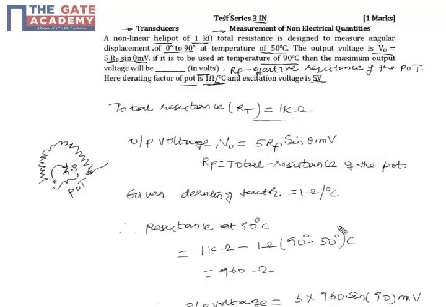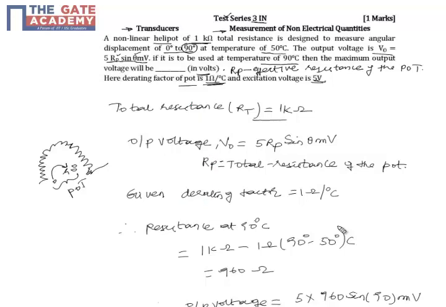First, in order to calculate the maximum output voltage, we need to calculate Rp, and we know maximum output voltage we will get when theta is 90 degrees. We know all the quantities except Rp, the effective resistance.